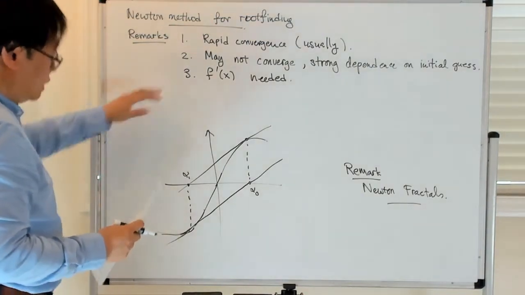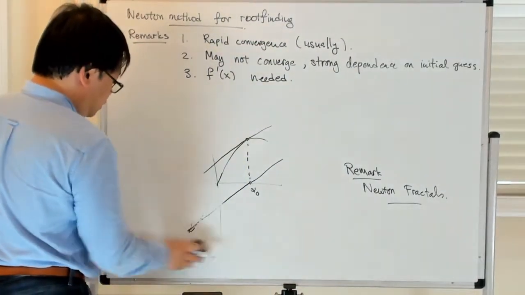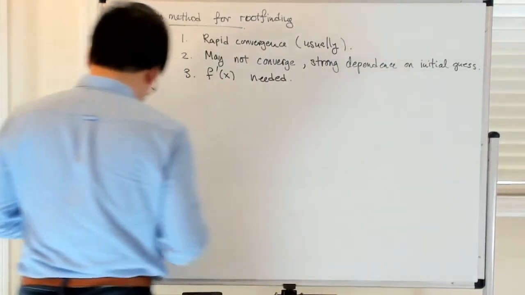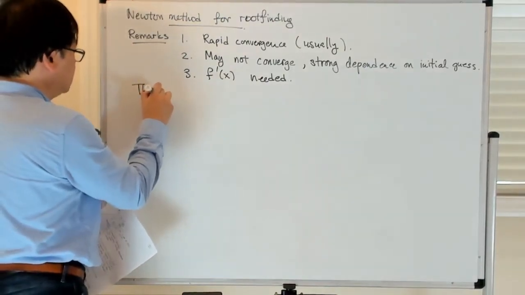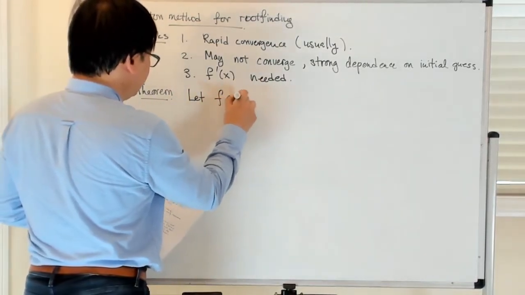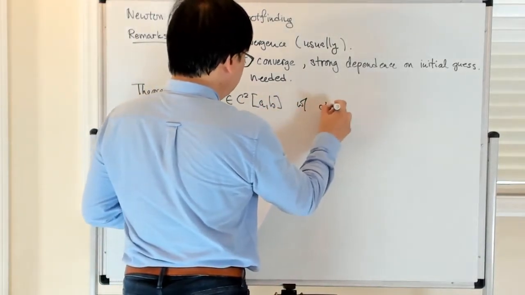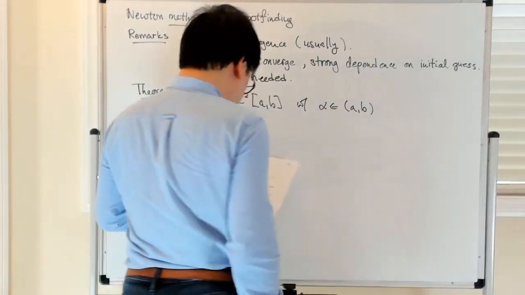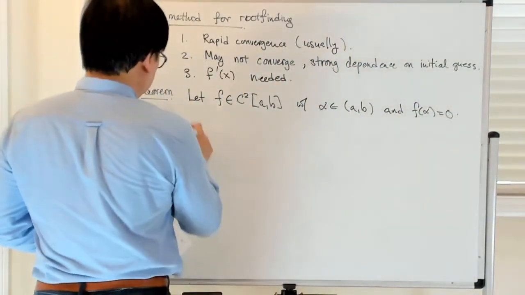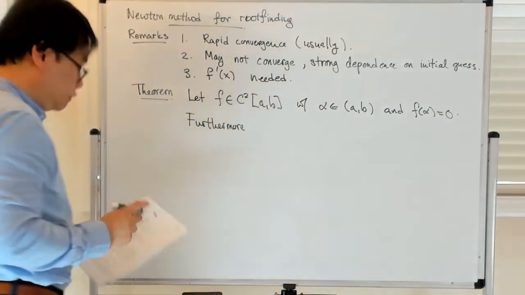Okay, so let me state a theorem for now about this issue of convergence. Right, so let's say we have f and it's twice differentiable in the interval from a to b with some root alpha, which is in this open interval, and f at alpha is 0. Right, so you furthermore suppose that the derivative at the root is not 0.